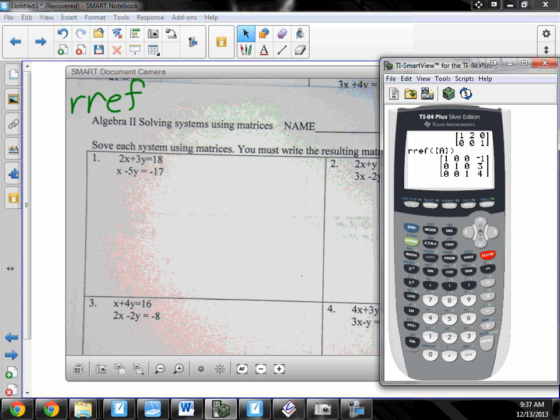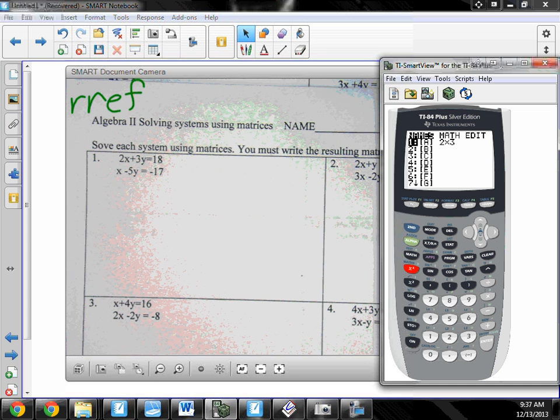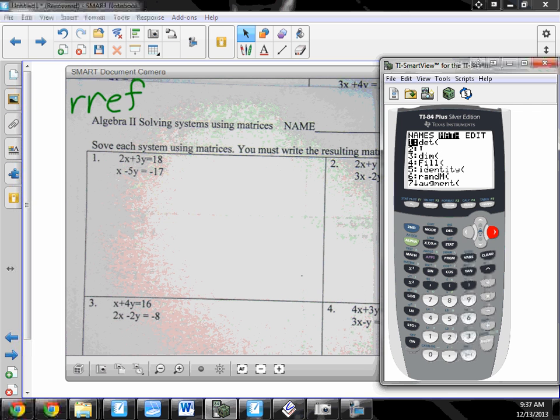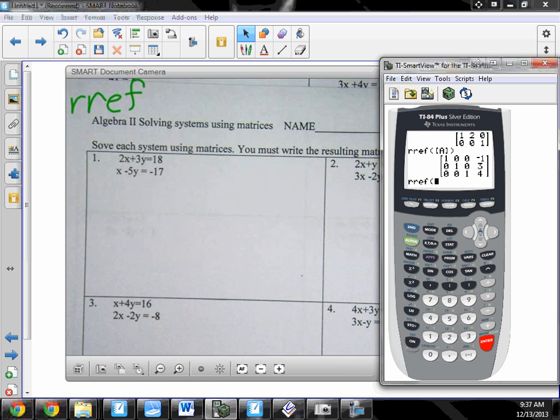and go back into matrix, second matrix, then go over to math, and RREF is close to the bottom. So I'm going to go up from the bottom. You following along over there? So RREF, and it asks what matrix do you want to use.